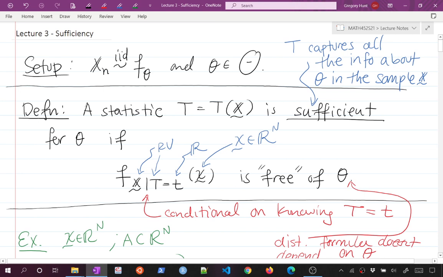What that is trying to capture is that if I know the statistic and I condition on it, the remainder of the data doesn't tell me anything about the unknown parameter theta. And so all of the information about my unknown parameters is contained in the statistic.